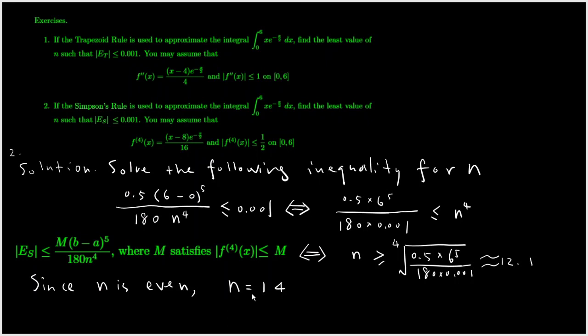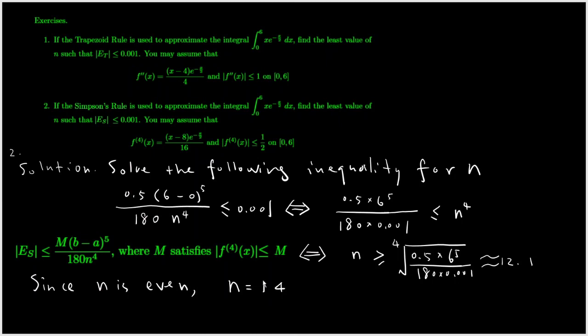Now a more precise interpretation, I'm going to state the interpretation. Listen to me carefully. In order for the difference between the actual value of the integral and the approximated value of the integral using Simpson's rule to be not more than 0.001, the least number of n needed is 14.